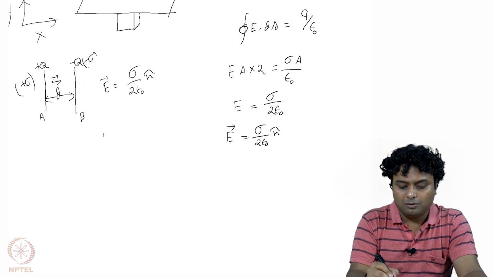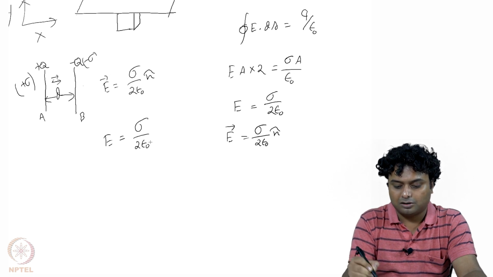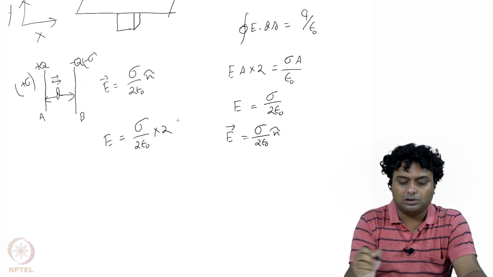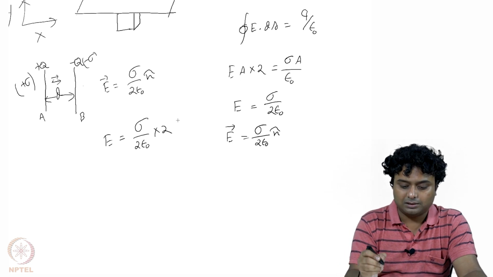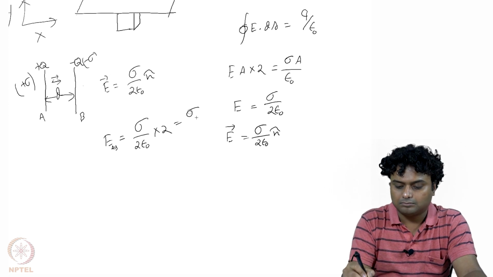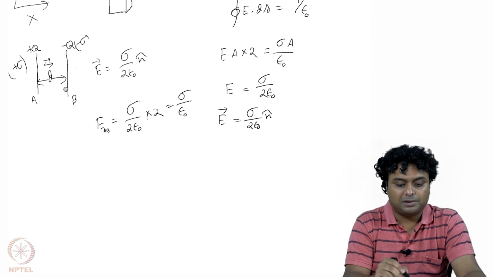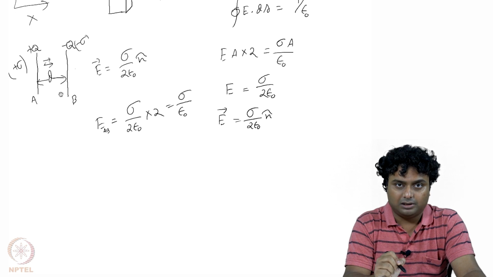So the equivalent electric field inside will be E equals sigma by 2 epsilon naught into 2, because both the fields add up. So E_AB is sigma by epsilon naught. These two plates are parallel and the field inside is a uniform electric field, okay.